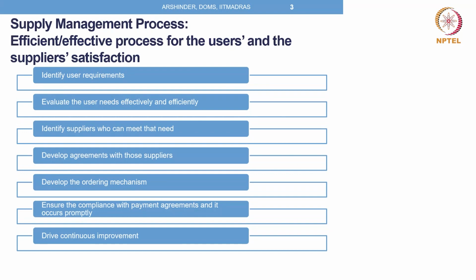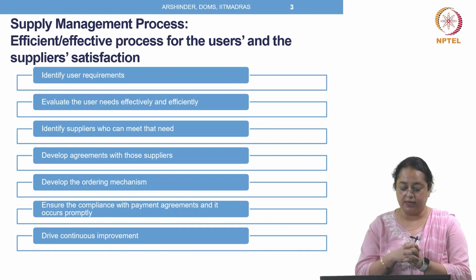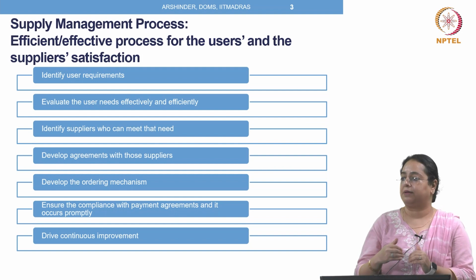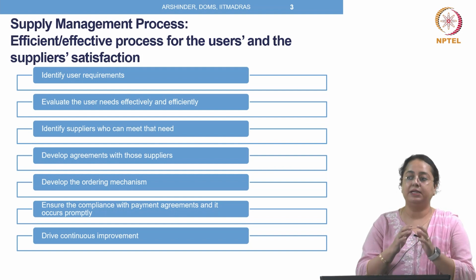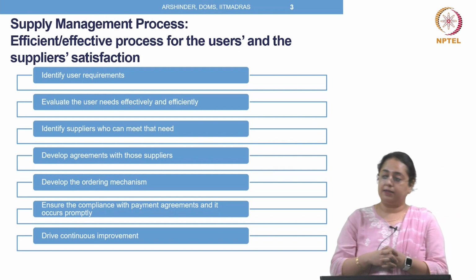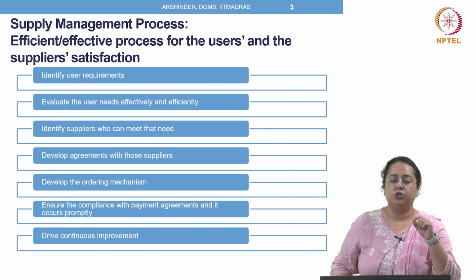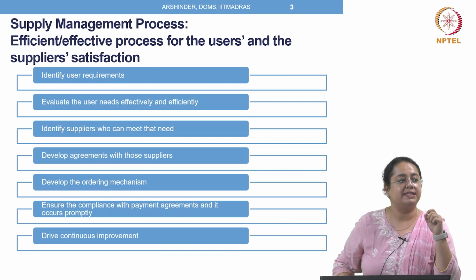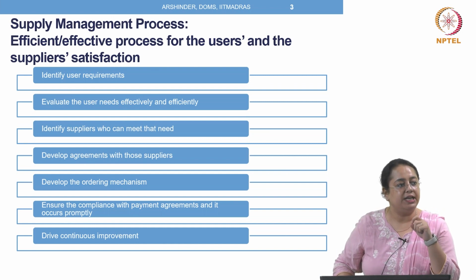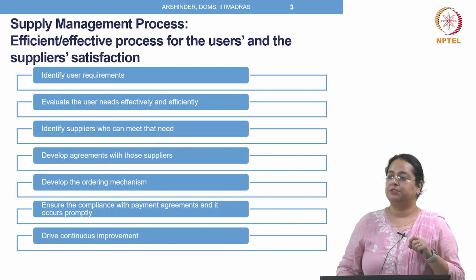Here are some quick steps. Whenever we perform any purchasing or sourcing process, we generally follow these steps. We will discuss them in detail later, but let us have a quick look so that we understand how to perform our role in supply management.